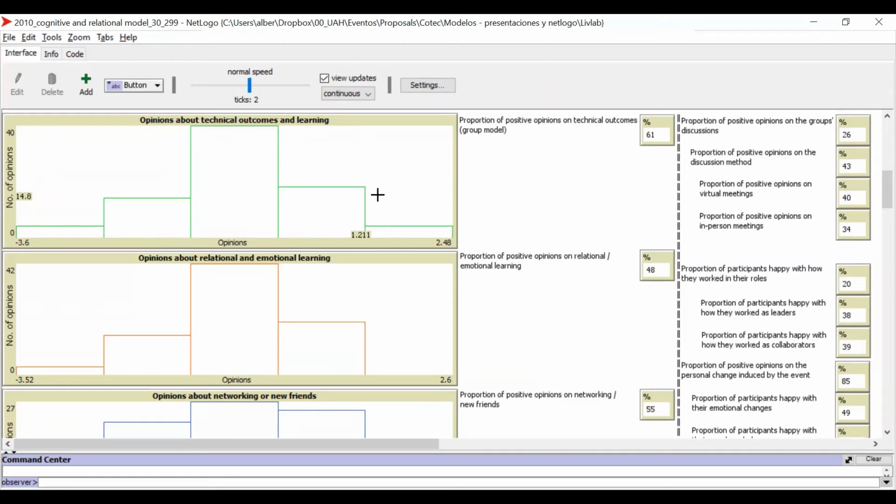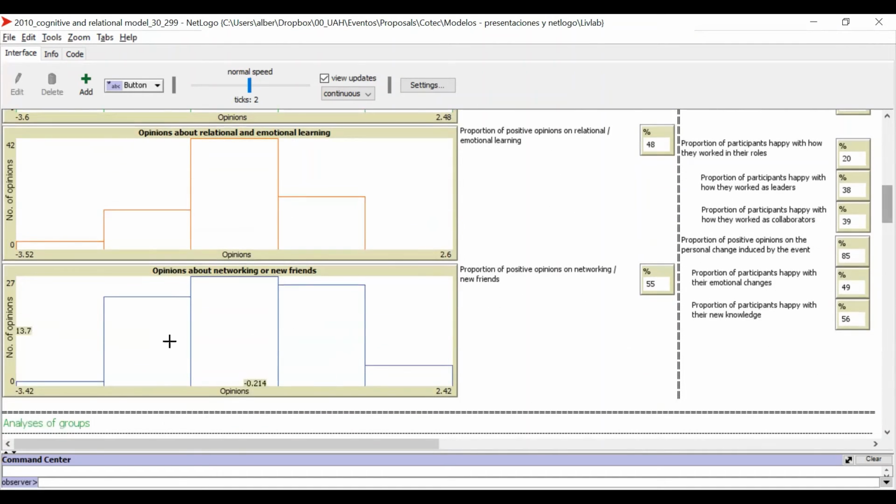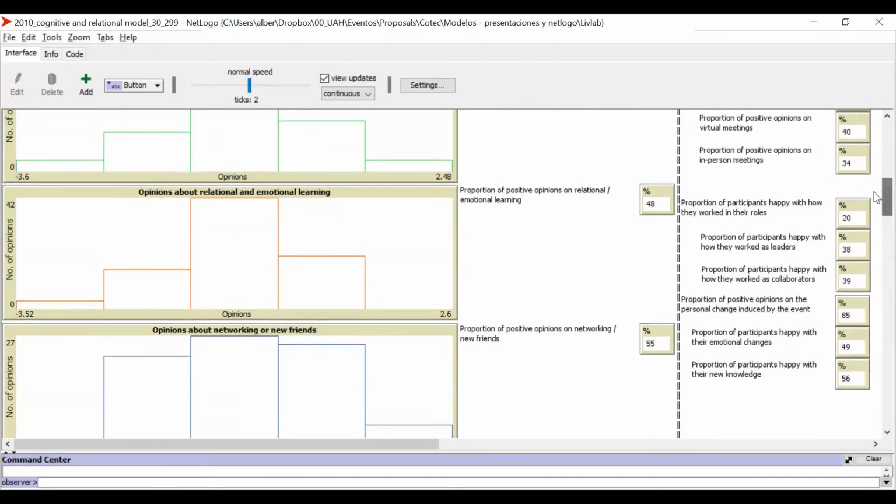For example, in this first histogram, how the opinions on the technical outcomes have been, how the opinions on relational learning and emotional learning have been, and how happy or unhappy they are with the networking they had.